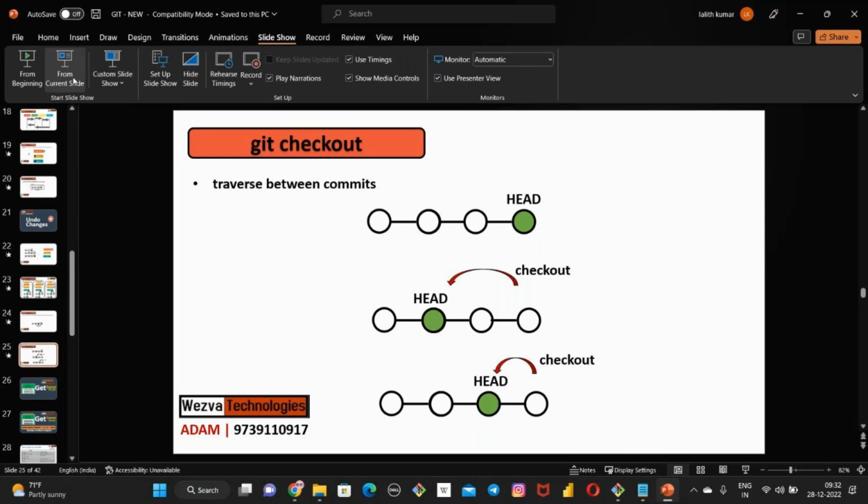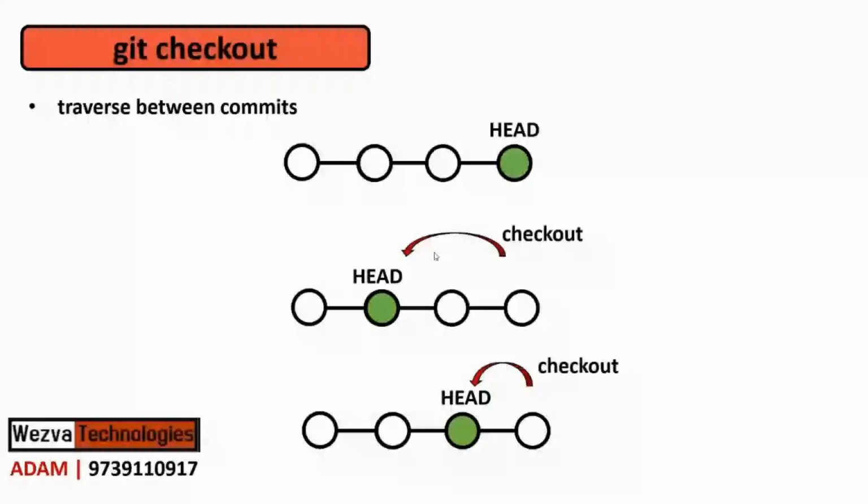So even though you have a change which you want to do from an old commit ID, for which you have moved to an old commit ID using the checkout command, when you do check-in, it will always create a new commit ID on top of the latest commit ID. So that's where the head reference is moved from one commit ID to an old commit ID using your checkout command.